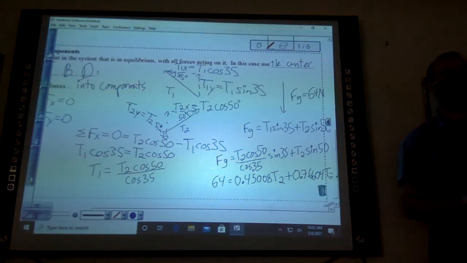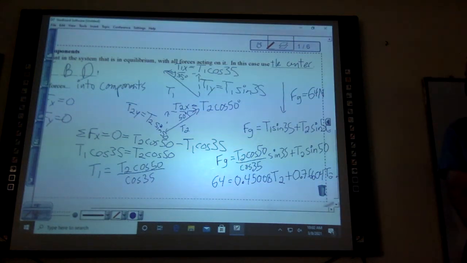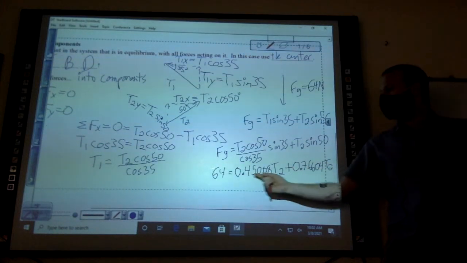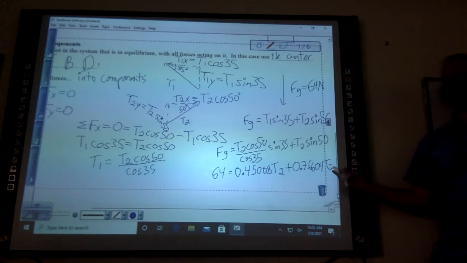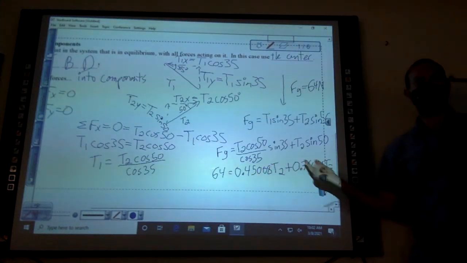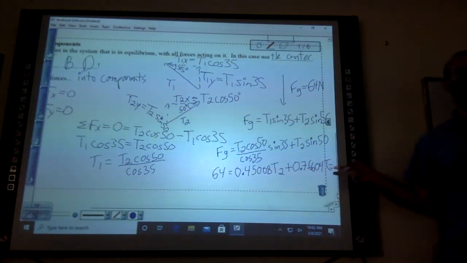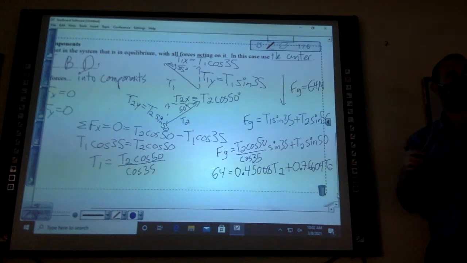Does that make you less hesitant with this? That's T2. So if I've got a number of T2s plus another number of T2s, add the two numbers together and I've got that many T2s. If this was 4 T2 plus 2 T2, just 6 T2.